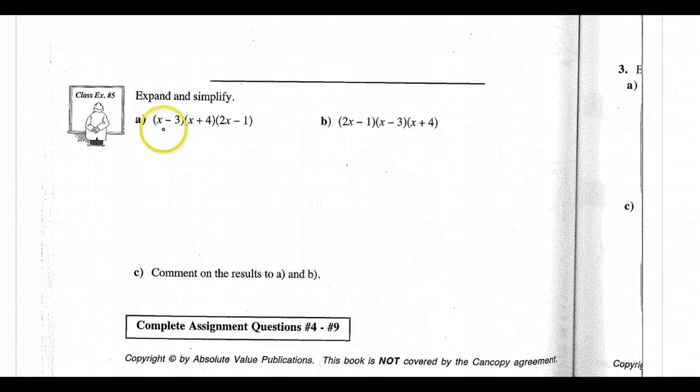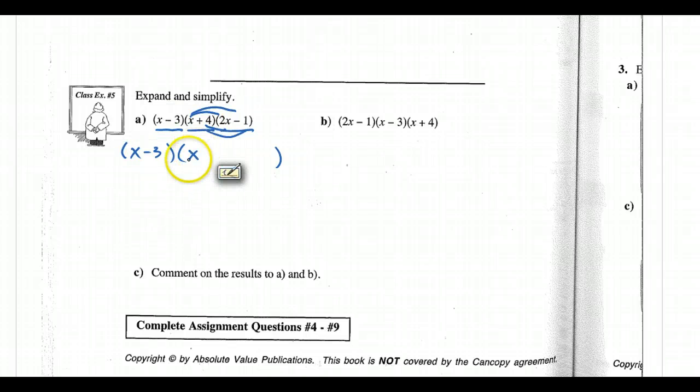All right, so now you have 3 binomials. The way that when you multiply 2 of the binomials, you're going to get a trinomial, and then it's going to basically be the same thing we just did. So I'm going to leave the first one, x minus 3, and I'm going to FOIL the second two binomials.